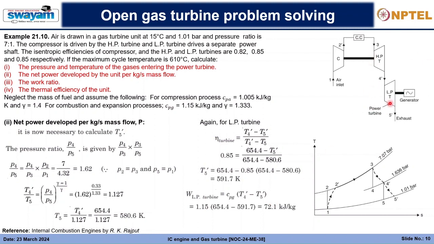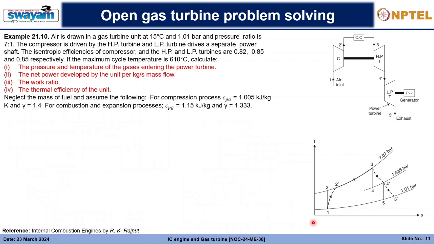Since the low pressure turbine is the only component generating the net power from this power plant, this is the work developed per kg per second. If we consider 1 kg per second, we'll simply multiply and get 72.1 kilowatt.